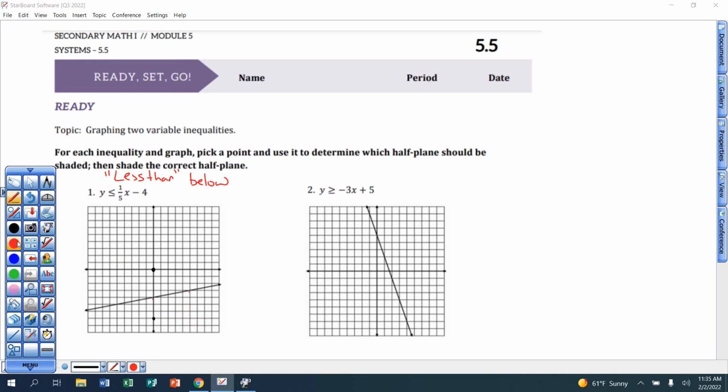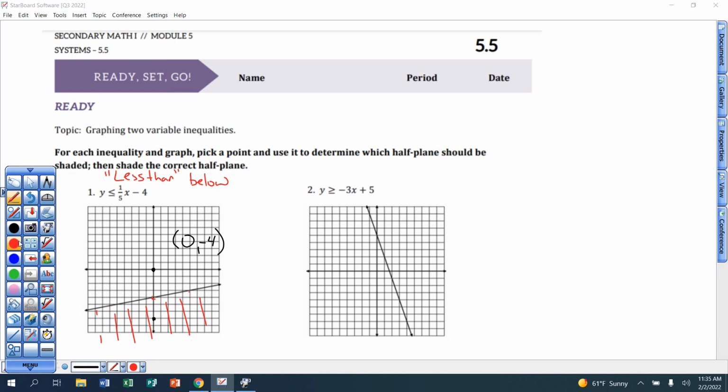So for this problem, it's definitely less than. So let's have you pick a point in that shaded zone right away. Looks like that coordinate is 0 for x, 1, 2, 3, 4. Looks like I could use that point right on the line if I wanted to, because that line is solid. So let's use that one.